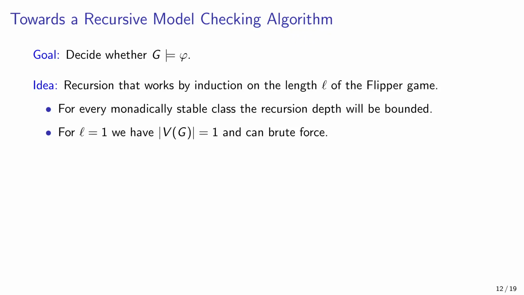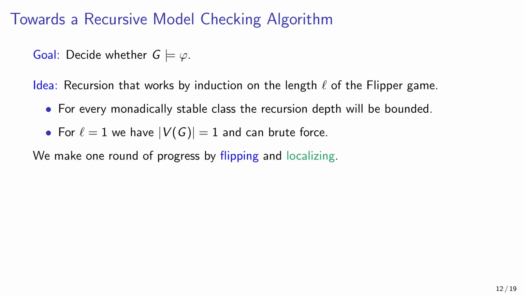And we know that if we use this approach, then the recursion depth will be bounded as long as we have a monadically stable graph class. And the base case is very easy. If there's only one remaining round, then the graph has size 1, consists only of a single vertex, and we can brute force our problem.